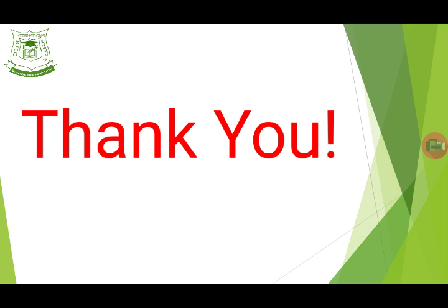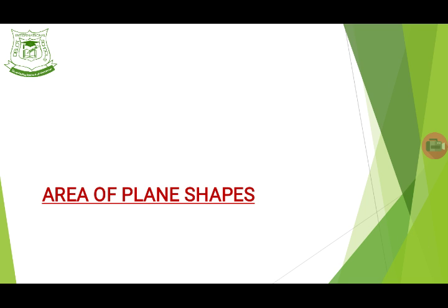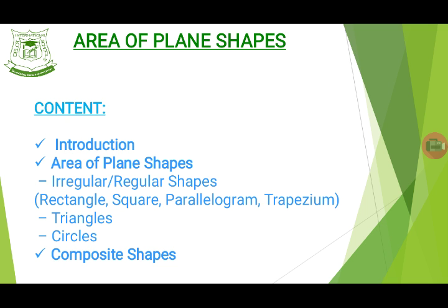Okay, so moving on, like I said, we've been talking about plane shapes from the beginning, right? And then we've talked about perimeter of plane shapes, and now we are on area of plane shapes. Last week we started with an introduction, and then we moved into the area of regular and irregular plane shapes like rectangles, squares, parallelograms, trapeziums, and triangles.